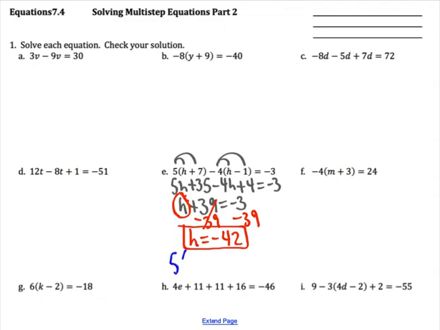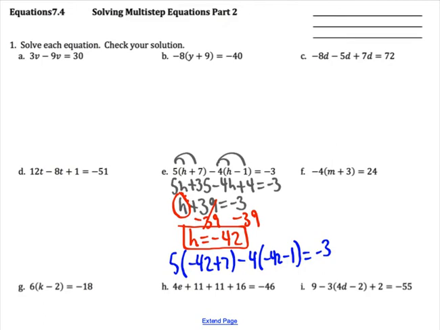This is 5 times negative 42 plus 7 minus 4 times negative 42 minus 1, and that'll equal negative 3. There's a lot going on here, so I'm just going to check this out on my calculator. I've got 5 times negative 42 plus 7, and that's negative 175.